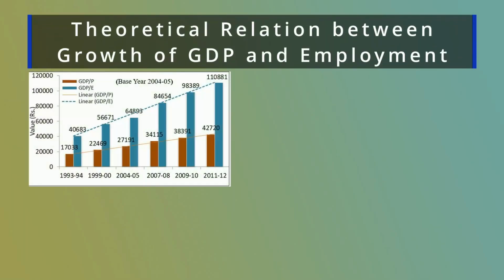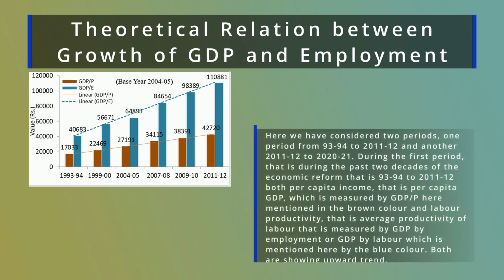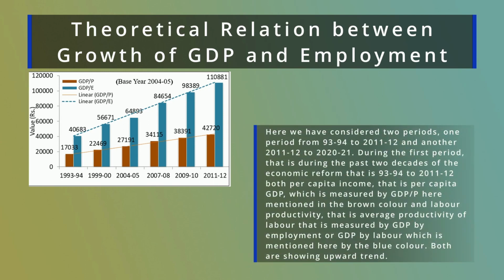Now, we discuss the trend of per capita GDP, labor productivity and employment in the Indian economy. Here we have considered two periods, one from 93-94 to 2011-12 and another from 2011-12 to 2020-21.